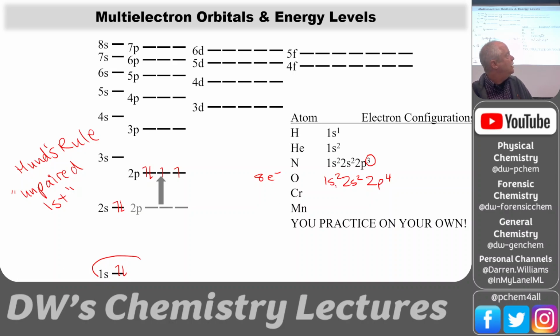Okay. Let's skip over chromium and do manganese first. And so for manganese, we're going to look at that. It's right there by iron in the middle of the d block. We're going to go back to the previous noble gas, because why write 1s2, 2s2, 2p6, 3s2, 3p6? We're going to just wrap all of that up and call it an argon core.